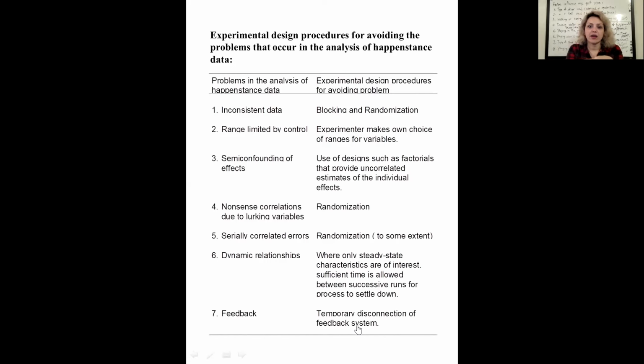If we have nonsense correlation due to lurking variables, we would go with randomization. These are different kinds of problems. When we talk more about blocking in chapter 5, we are going to go through the situations where we would go with blocking. So we'll talk about it later.